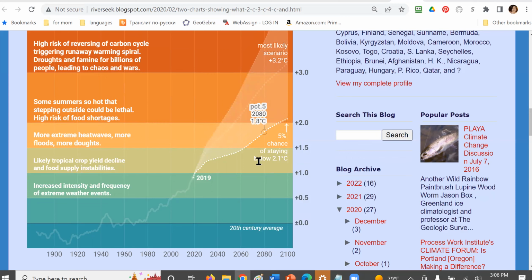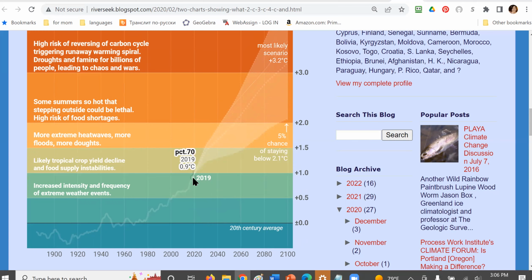And in this case, see, this chart goes to the 2100s. By the 2100s, it will be warmed a little bit, but what are we going to get out of it? More extreme heat waves, more floods, more droughts. And okay, so this is not going to happen according to this chart until about 2045.